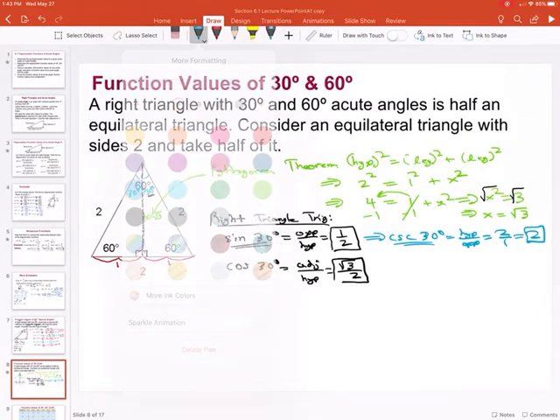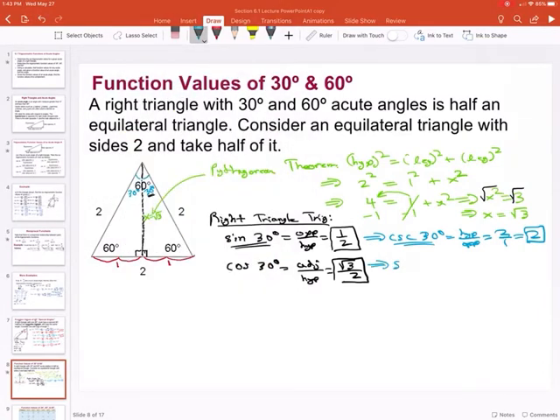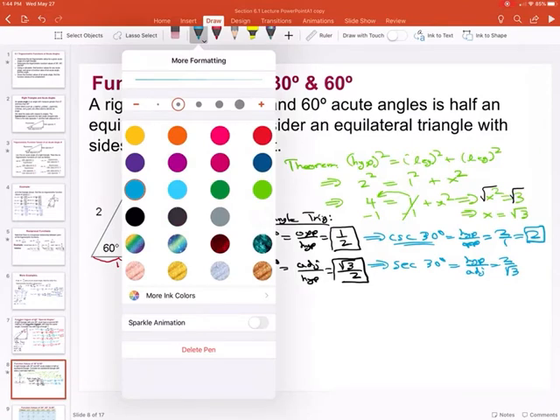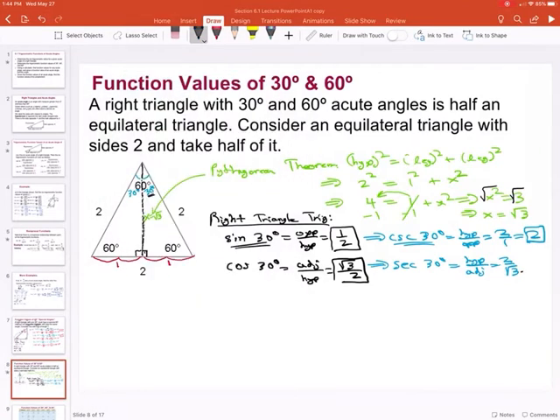And then as we look at its reciprocal function, secant of 30 degrees, which is defined as hypotenuse over adjacent, is equal to 2 over the square root of 3. Now that we don't like because we need to rationalize that square root in the denominator.